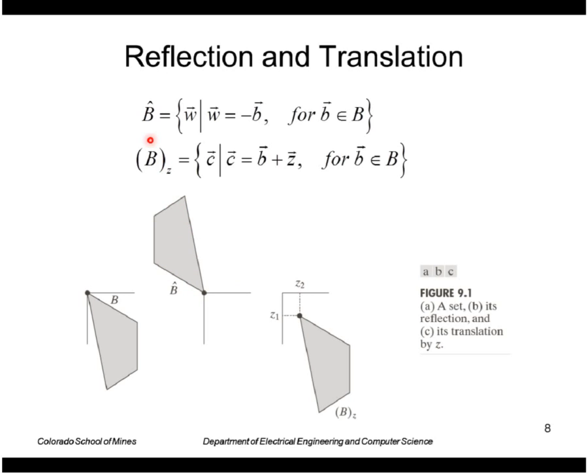The translation is denoted like this with the subscript Z. It says that it's the elements C such that C is equal to b plus Z. So basically we are taking every element of B and adding an offset, a translation Z, to it. If this is our set B, this would be the translation of B by some vector Z.